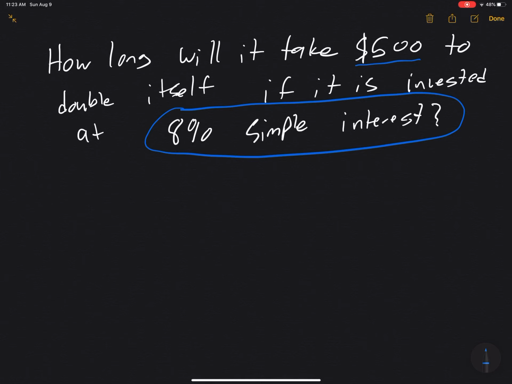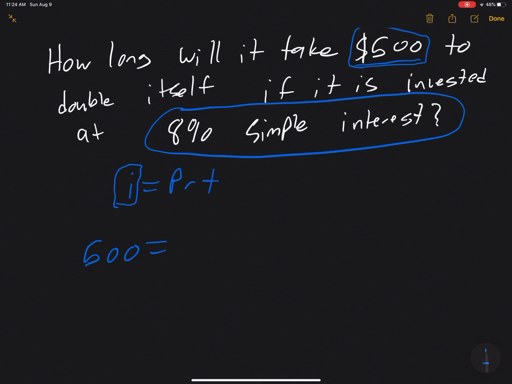So, in order to figure out how long it would take to double your investment, you just have to plug all these numbers into the simple interest formula. I equals PRT. In this case, what is your interest? How much money do you want to earn? Well, if your initial investment is $500 and you want to double it, you want to earn $500 more.